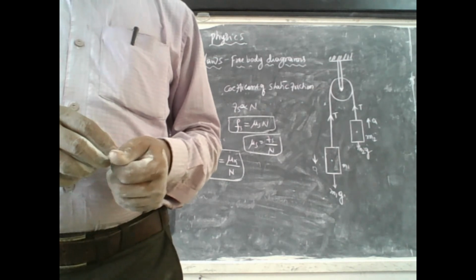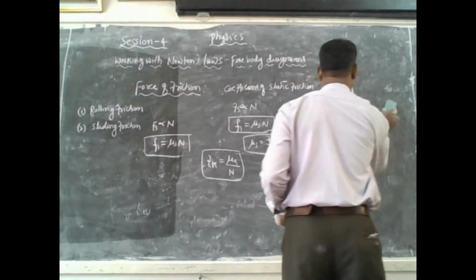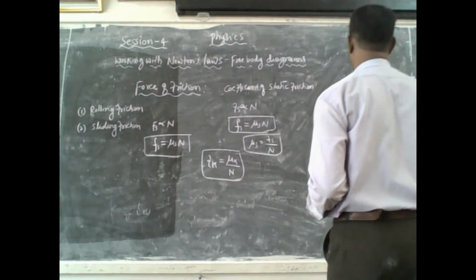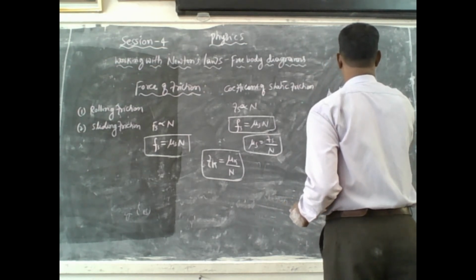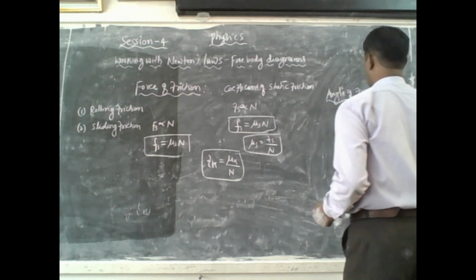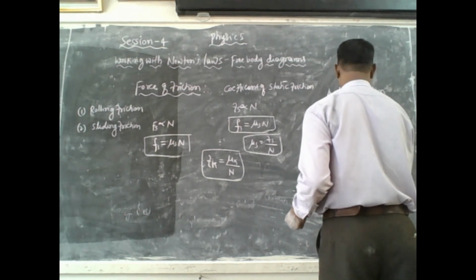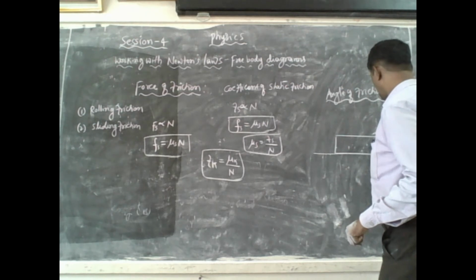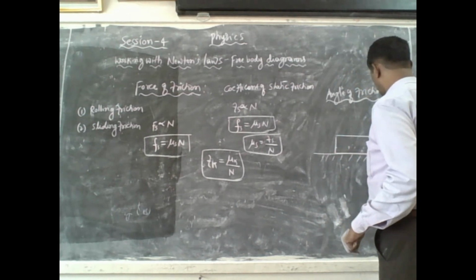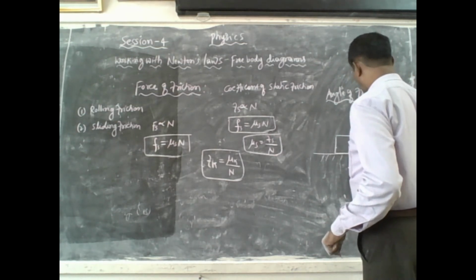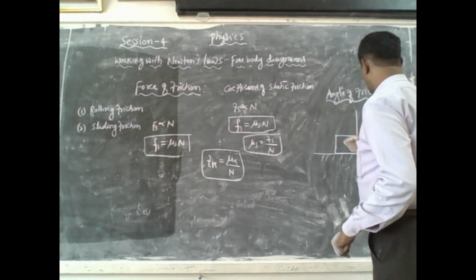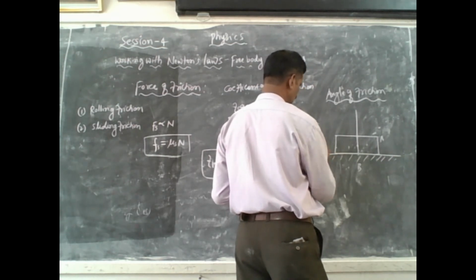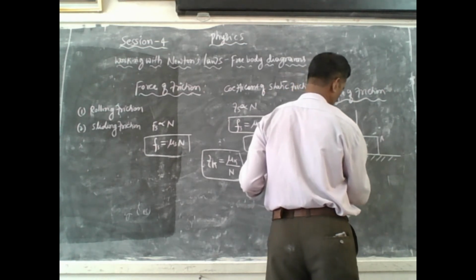And another thing is angle of friction. Suppose here there is a body A which is kept on another body B. And this is the common point of the bodies, and here when the body rolls over another body, that means Fs has taken place.